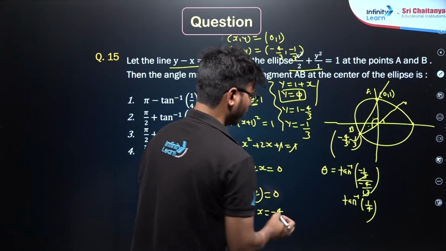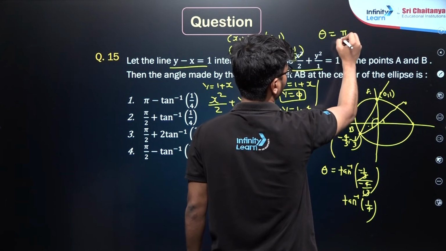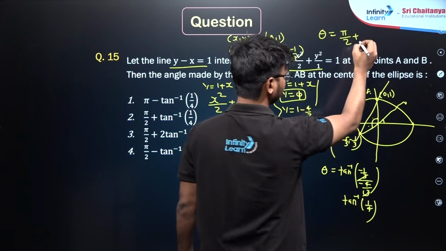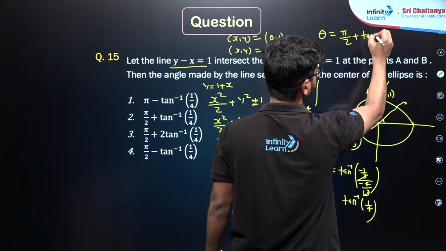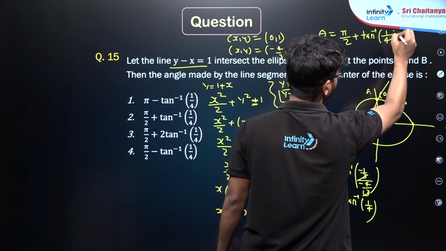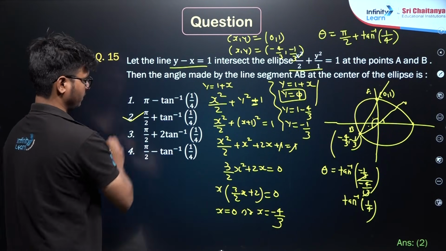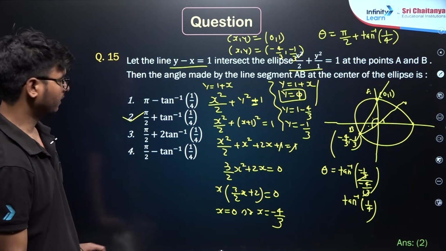So the final answer I am writing: theta is going to be pi by 2 plus tan inverse of 1 by 4. So the second option is the correct one.